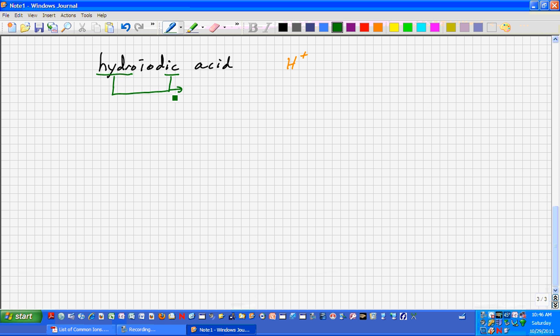These guys both kind of go together. This tells me that I've got no oxygens in the acid. I misspelled oxygen, I'll go back and fix that in a second.